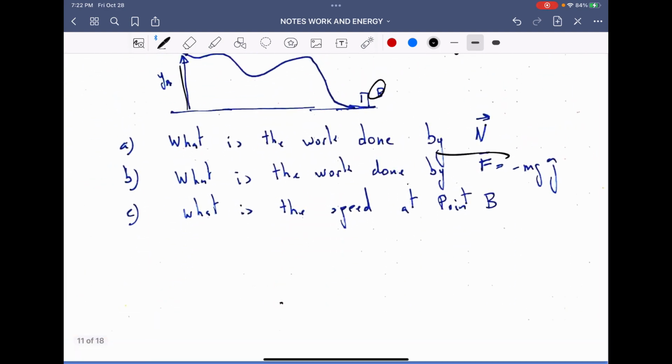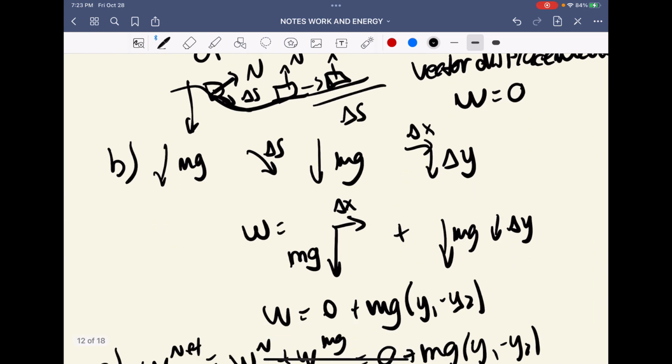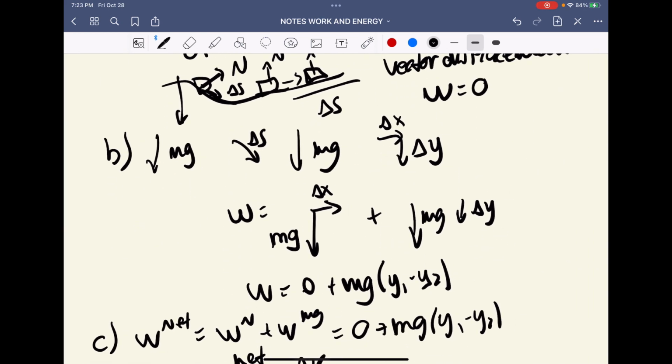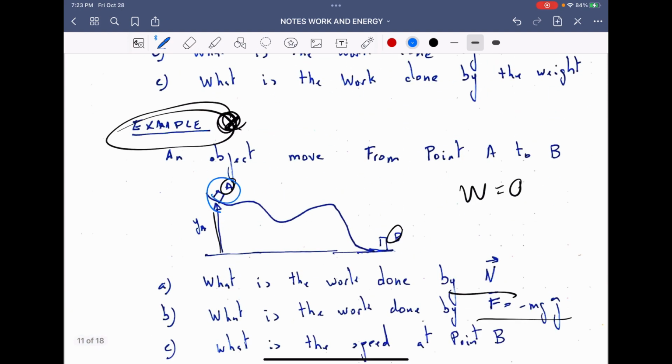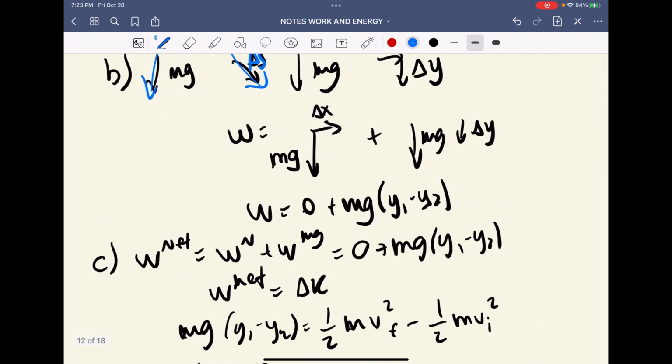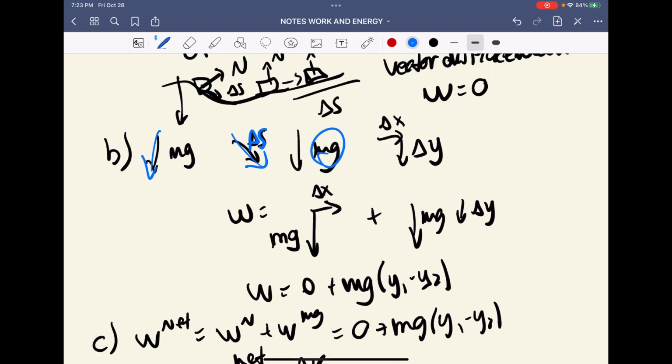What is the work done by F equals minus mg? So we have the mg in this direction right here. We have displacement right here, going from here to here. It's a diagonal displacement. Then we have mg, we have delta x and delta y. That's the displacement.